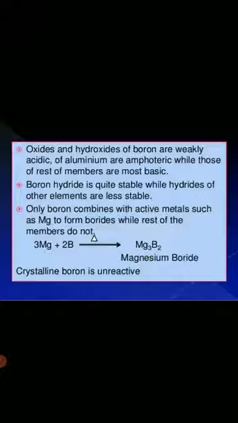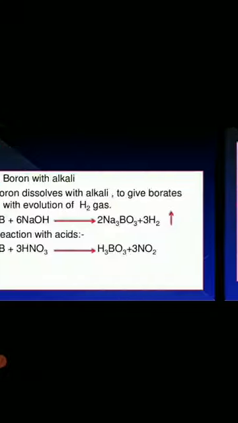Boron hydride, students, is quite stable, while hydrides of other elements are less stable. Only boron combines with active metals such as magnesium to form borides, while the rest of the members do not. Crystalline boron is unreactive.